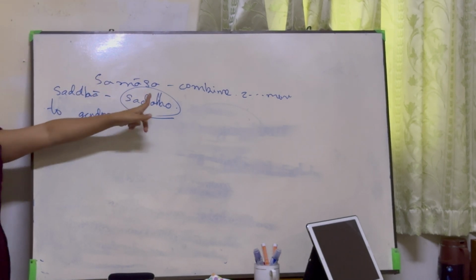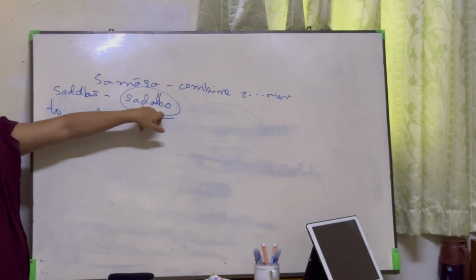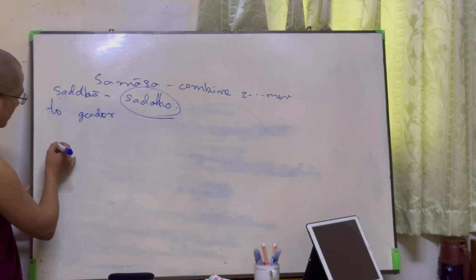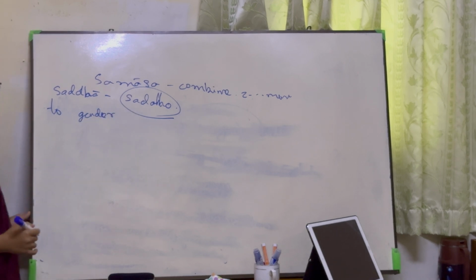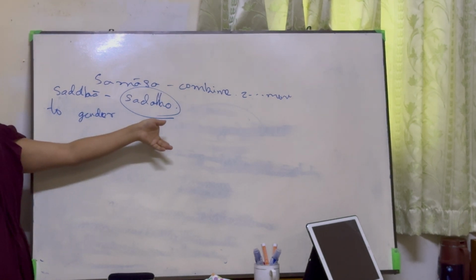One word, one noun, can change. Therefore, if it changes gender, surely it is taddhita. When two words change gender, that is the Samāsa, the Bahubbihi Samāsa. Bahubbihi Samāsa can change gender.